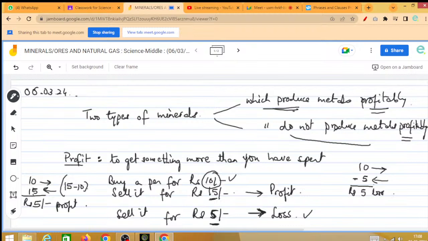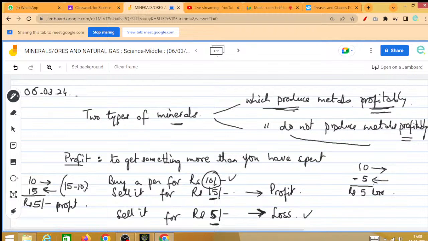So now here we are saying minerals which produce metals profitably, which means when we are extracting the metals from them, we are able to make money. We are able to make a profit. If we spend 1,000 rupees to extract iron from iron ore, then we are able to sell iron for more than 1,000 rupees.